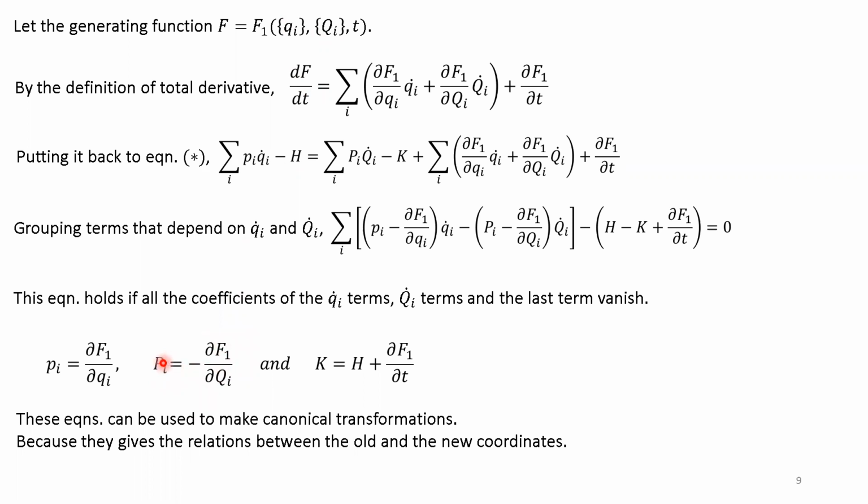Similarly, on the right-hand side here, I will have some terms that depend on small q and capital Q, and then on the left-hand side, I have this small p.